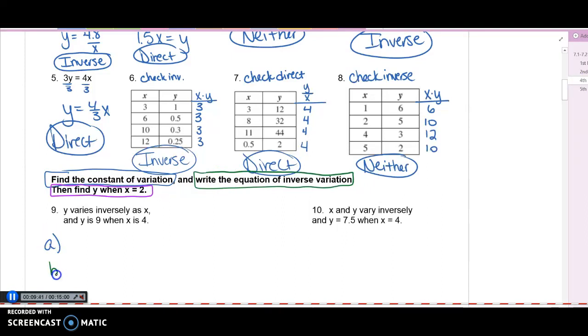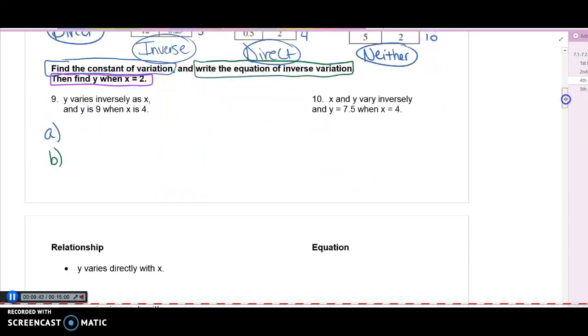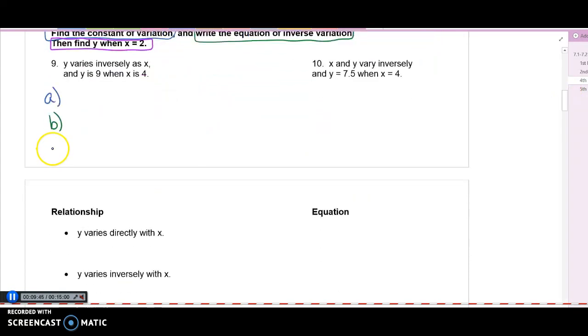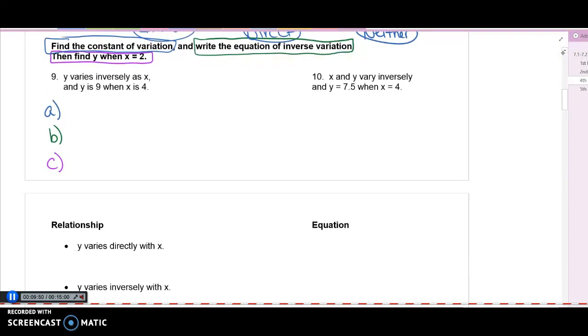We have to do all 3 parts of this problem. So part A, find the constant of variation. It says y varies inversely as x. Y varies inversely as x means it's inverse variation, and the generic equation for inverse variation is y equals k divided by x.